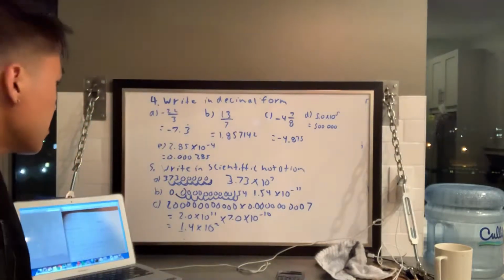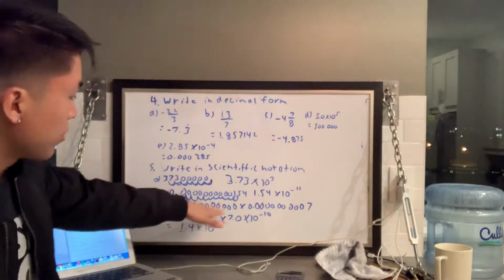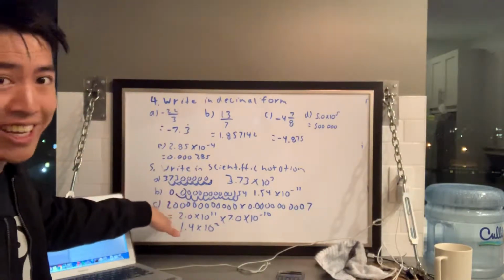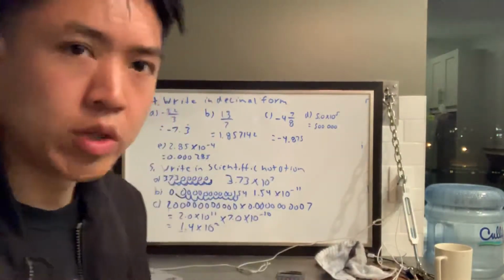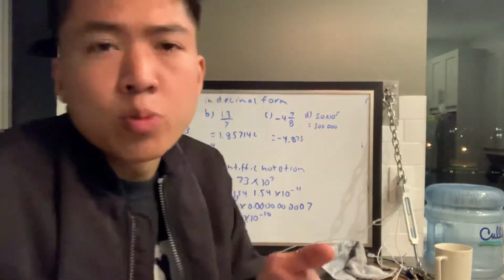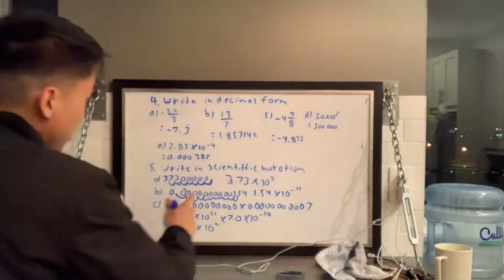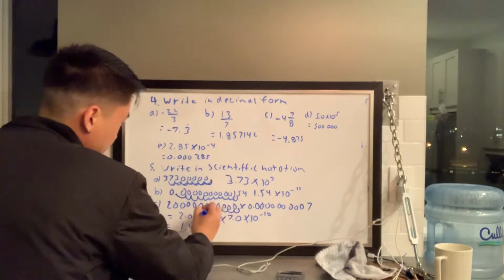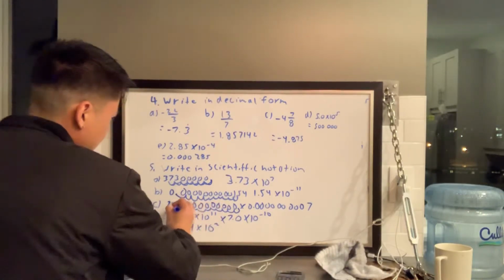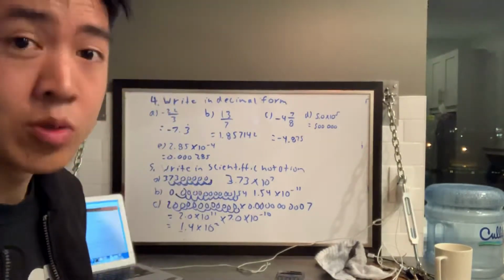For this one, a little bit tricky. You got this huge number, a 2 with a bunch of zeros, and you got 0.blah blah blah 7. The easy way to evaluate this is to punch it in your calculator, but to show you what I mean by scientific notation, this is in reality 1, 2, 3, 4, 5, 6, 7, 8, 9, 10, 11. 2.0 times 10 to the positive 11.